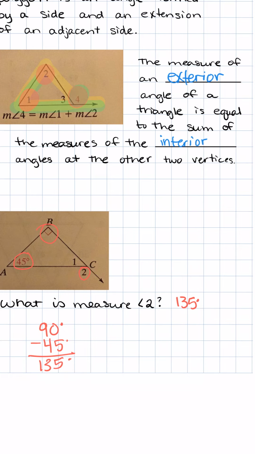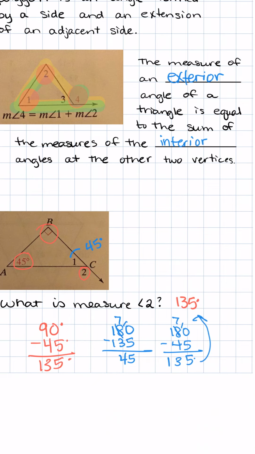To double check ourselves, we can take 135 and subtract it from 180, and that's going to equal 45. So we're saying that angle 1 equals 45 degrees because 45 plus 45 plus 90 equals 180. And it is a straight line, so if you have 180 and you subtract 45, you get 135. And that's the angle measure of 2.